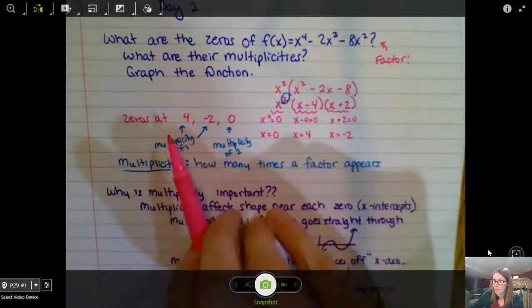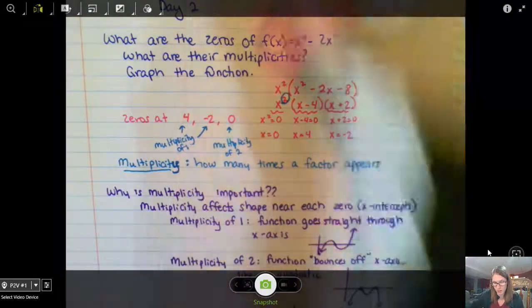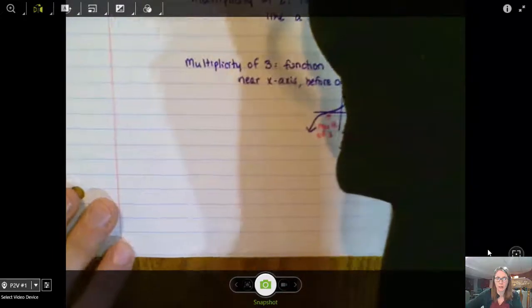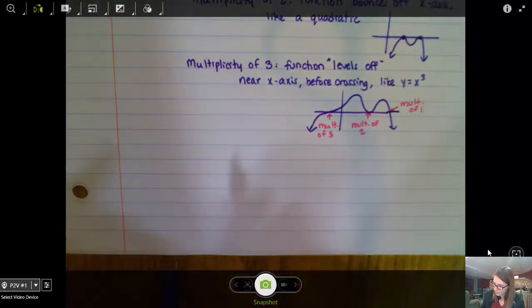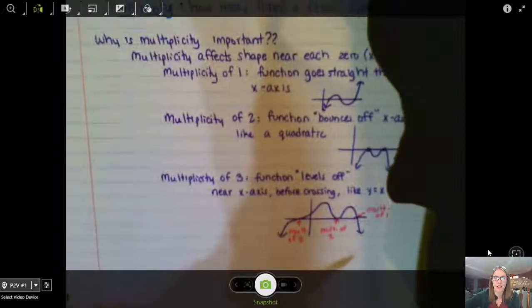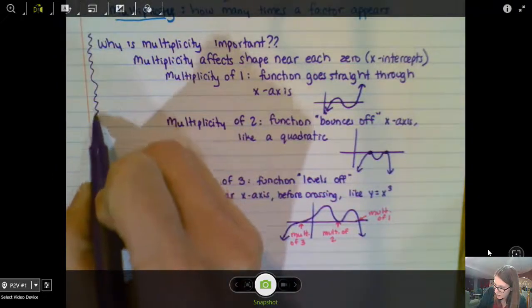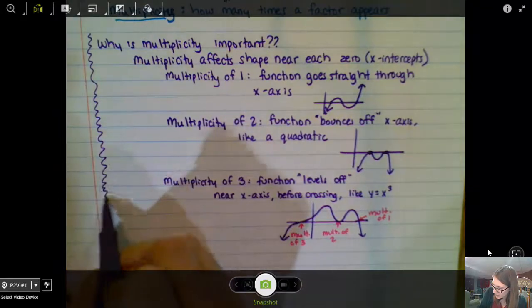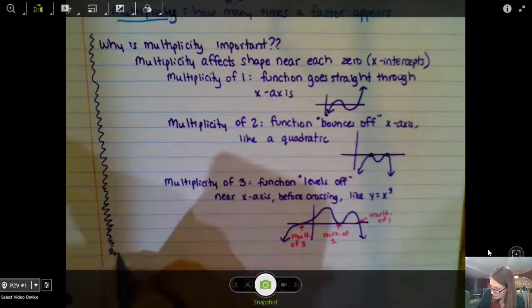let's look back at what we know. We know we have zeros at 4, -2, and 0. I'm going to copy some of this information down below so we can actually get to our graph. Before that, though, I'm just going to put this information in a box, because the idea of multiplicities and how it affects our graph is really, really important.